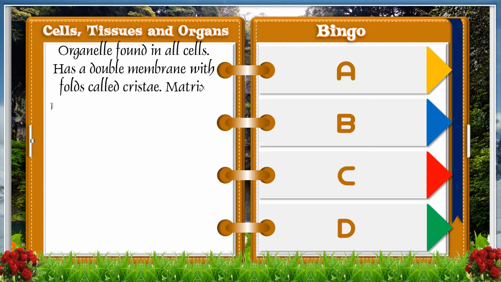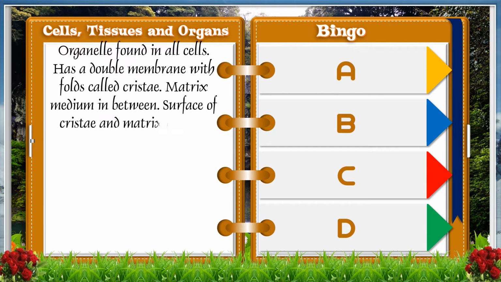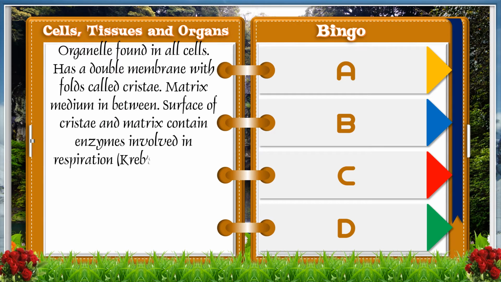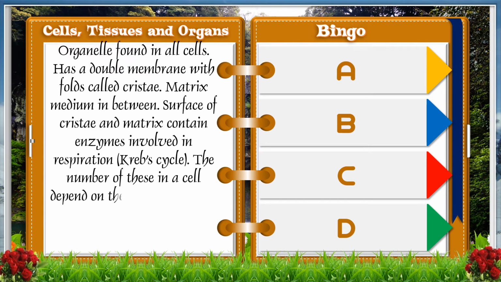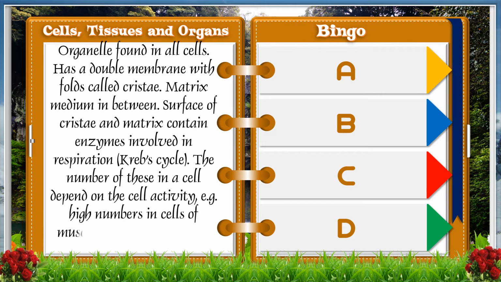Organelle found in all cells. It has a double membrane with folds called cristae, and a matrix medium in between. The surface of the cristae and the matrix contain enzymes involved in respiration, that is, the Krebs cycle.